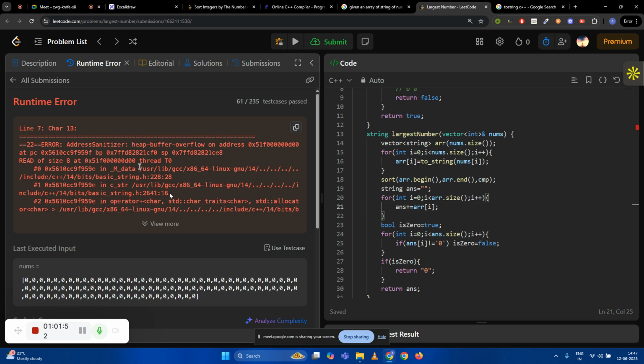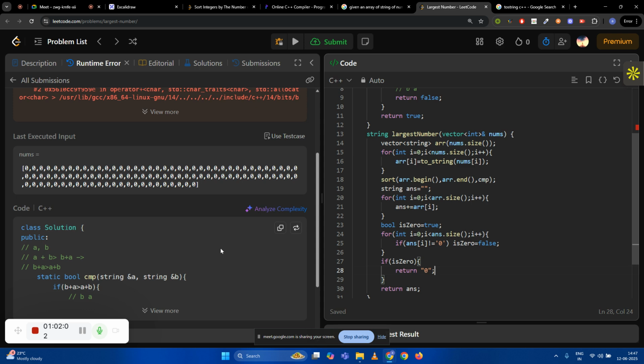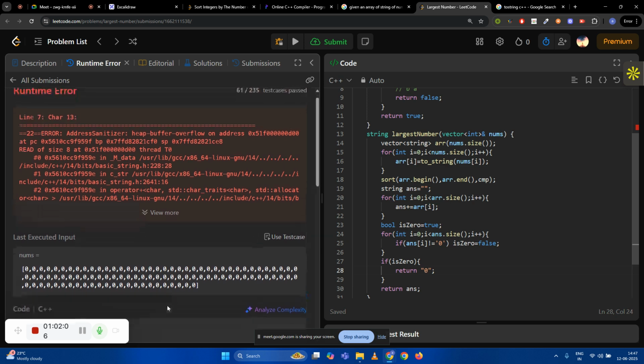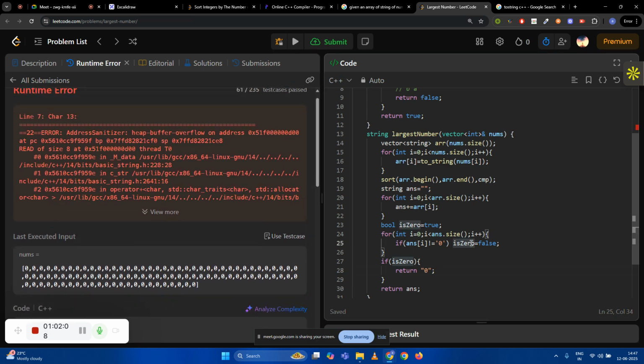What happened here? Heap buffer overflow. So am I comparing it? Am I going out of bound?